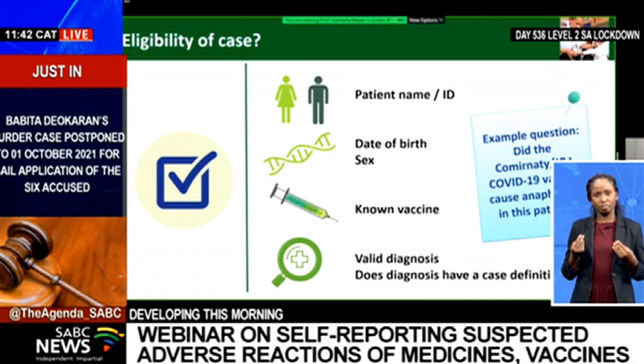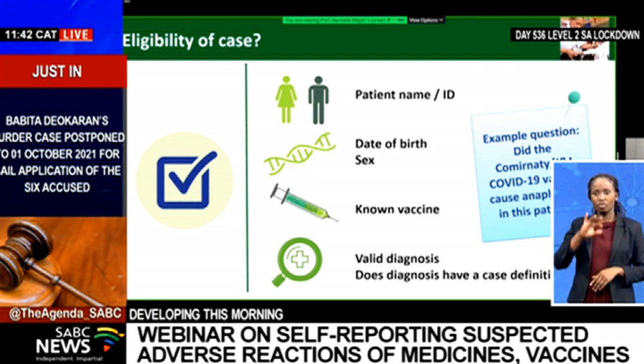And then the case would end up to be eligible for causality assessment. So an example question is, did the Comirnaty or the J&J COVID-19 vaccine cause anaphylaxis in this patient? So anaphylaxis would then be the diagnosis.